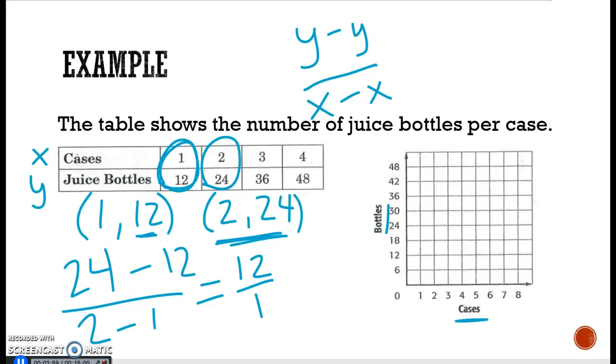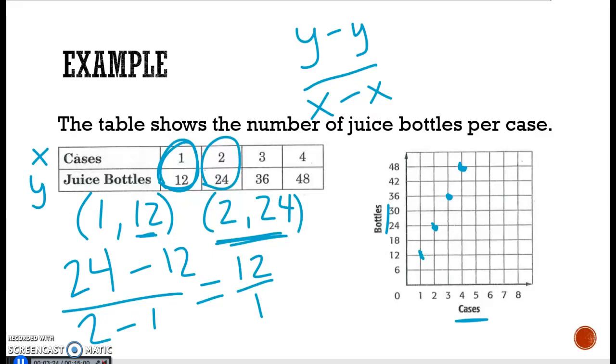That tells us to go over to the right 1 and then up 12. So we have a dot right there. Do the same thing for 2 cases and 24 bottles, and then 3 cases and 36 bottles, and 4 cases and 48 bottles. Okay, so we have our graph.